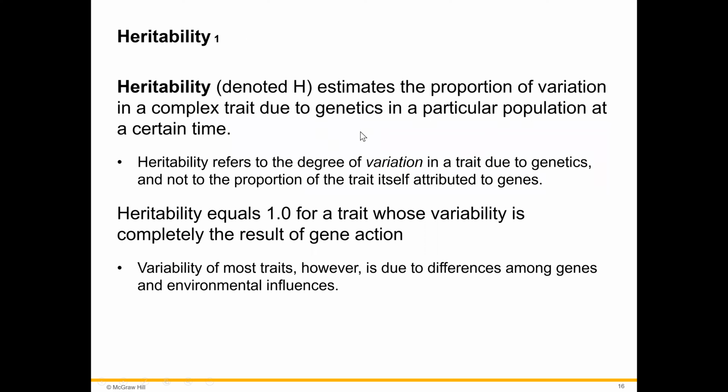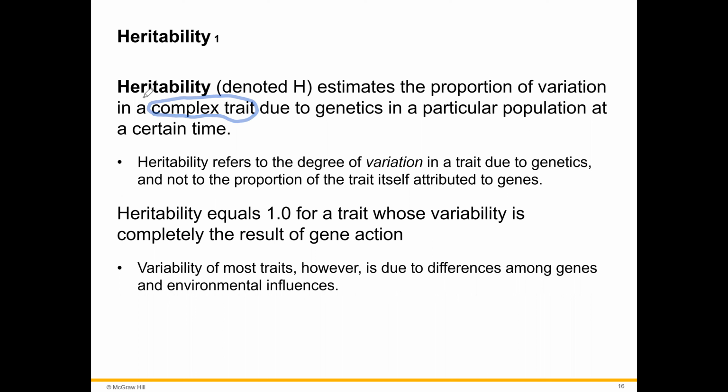Now, what is heritability? Denoted H. Heritability estimates the proportion of variation in a complex trait due to genetics in a particular population at a certain time. So, for example, we have a complex trait, right? So we have a tall person, right? So here's a tall person.